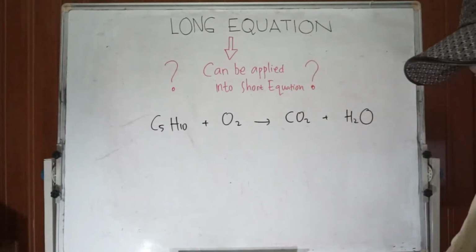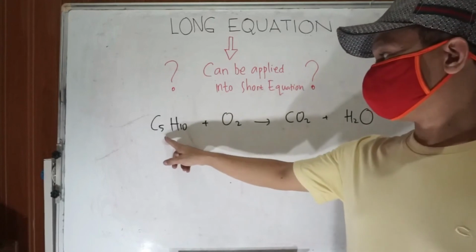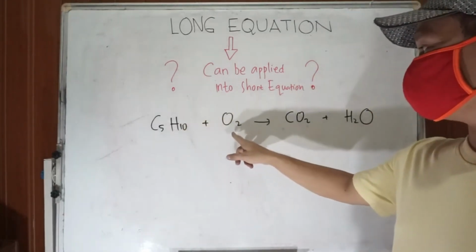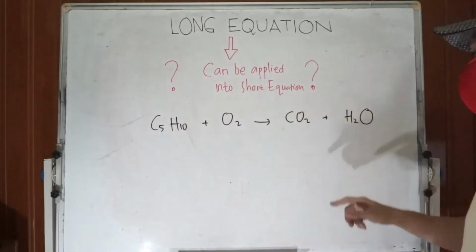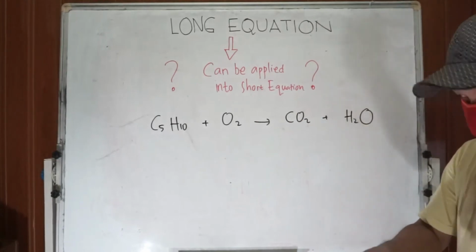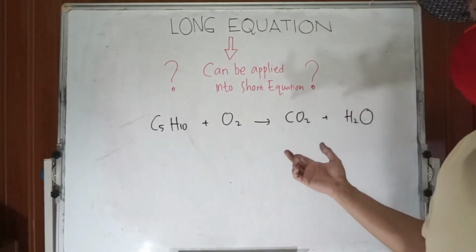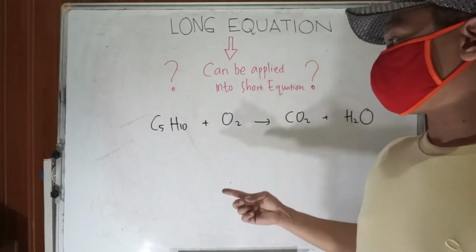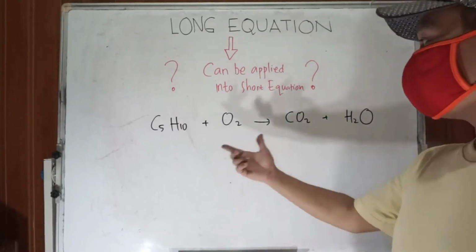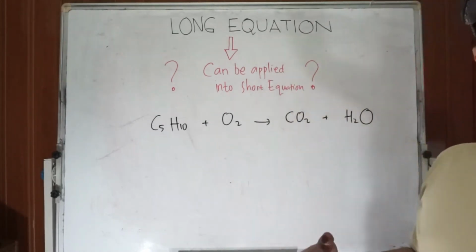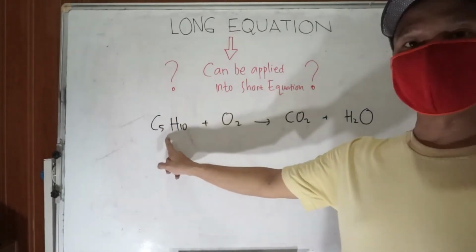Okay, look at the sample. C5H8 plus oxygen yields carbon dioxide plus water, right? Okay, so please choose which is the complex compound among the 4 items. I think you agree with me, this one, right?